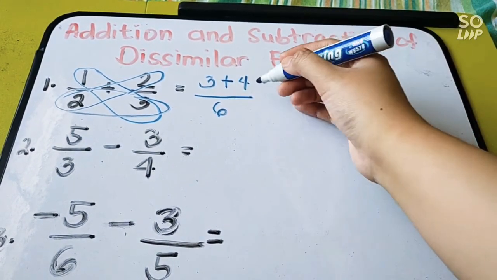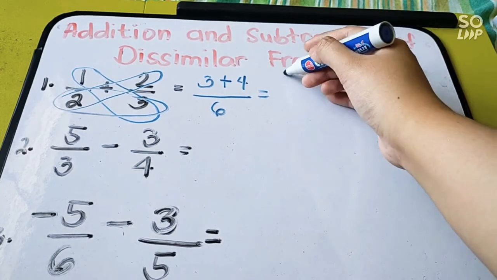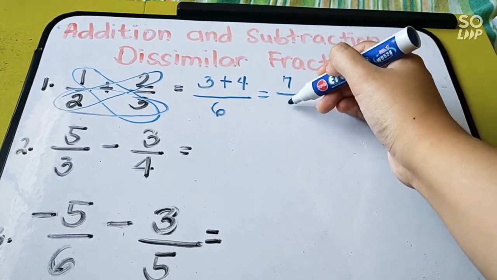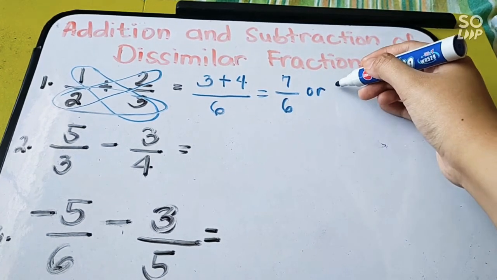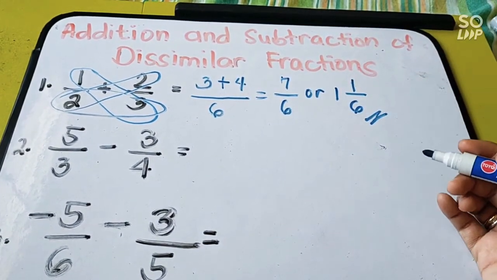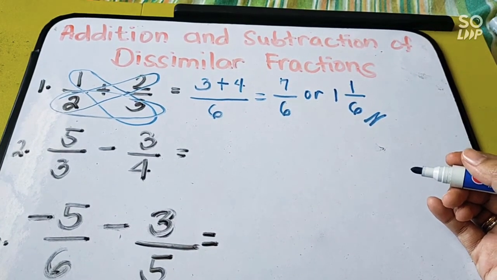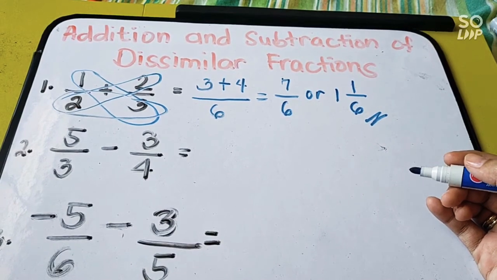Ganun lang kasimple. And then, combine 3 plus 4, the answer is 7 over 6. Or change it into a mixed number, the answer is 1 and 1 over 6. Is it clear? That's the butterfly method. Let us have another example.